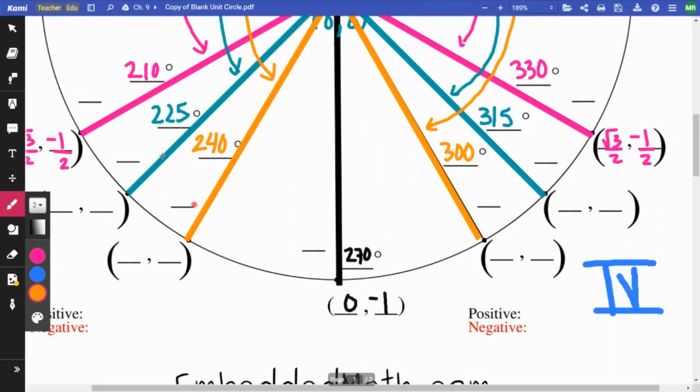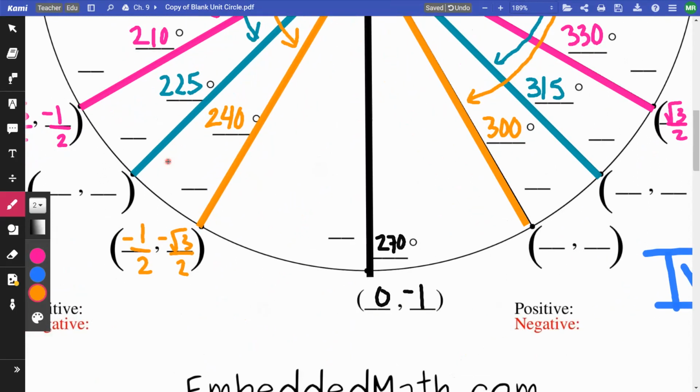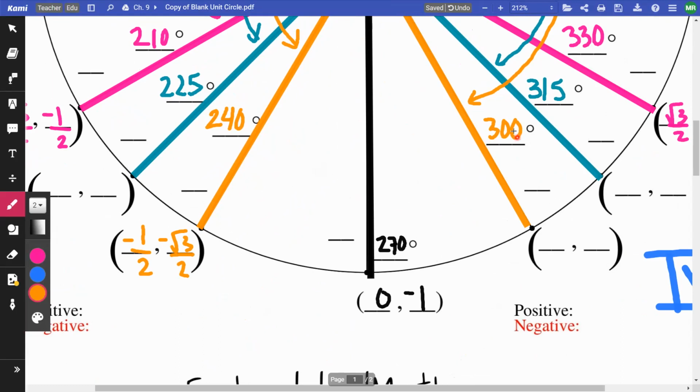This quadrant is negative x and negative y. So this is going to be a negative 1/2 and a negative root 3/2. Which means in this quadrant, quadrant 4, positive x, negative y, positive 1/2, negative root 3/2.